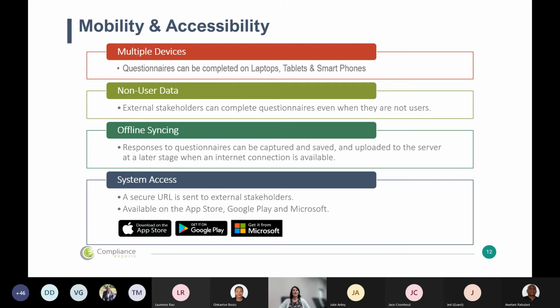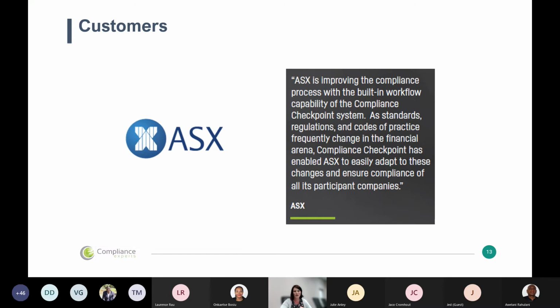It has been a bit of a hurdle in previous regulatory initiatives, but with this system, questionnaires can be completed on laptops, smartphones, and tablets, and the person will get a secure URL where they can complete the information. Also, if you're sending out a questionnaire, the person completing it doesn't have to be a user, so there's no additional cost involved with that.